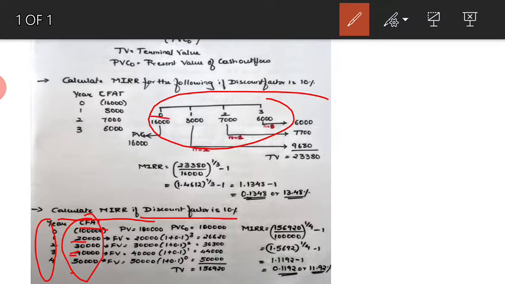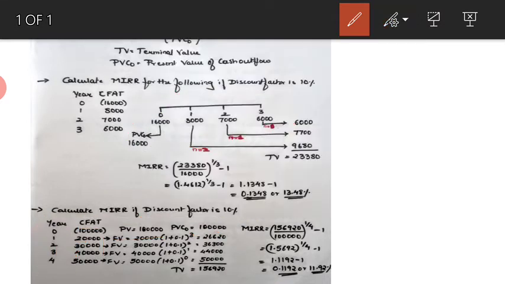So what do you do? For the outflows, you find out the present value. The present value of 1 lakh would be 1 lakh itself because it is at period 0, right? Then for the inflows, 20,000, 30,000, 40,000 and 50,000, we have to find out the future values. So how do you find out future values?